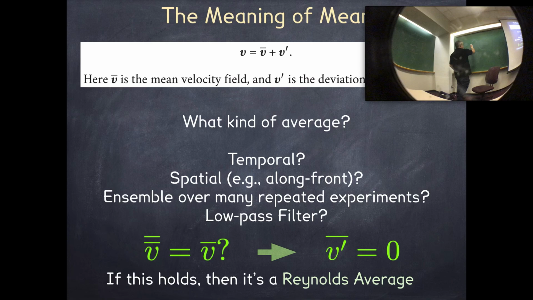So in Fourier transform space, if you have some energy as a function of k, we're going to get more detailed about this. So this is the scale, this is the energy. The low pass filter, you basically throw away the high k stuff and you keep this stuff over here. And a simple way to do this is to take a Boxcar average, which is a sliding window in time.